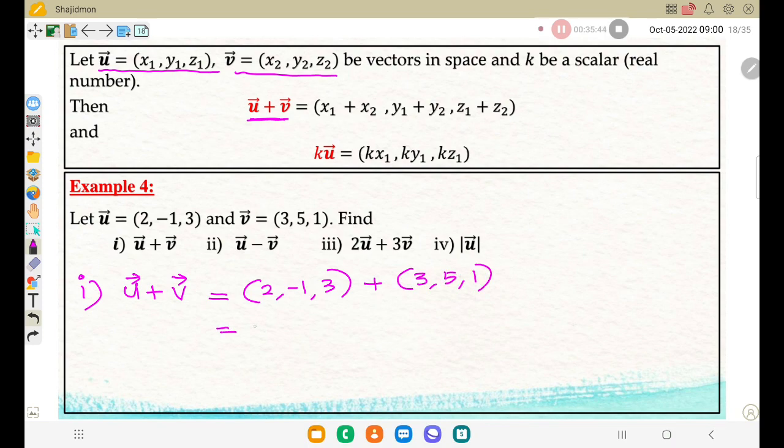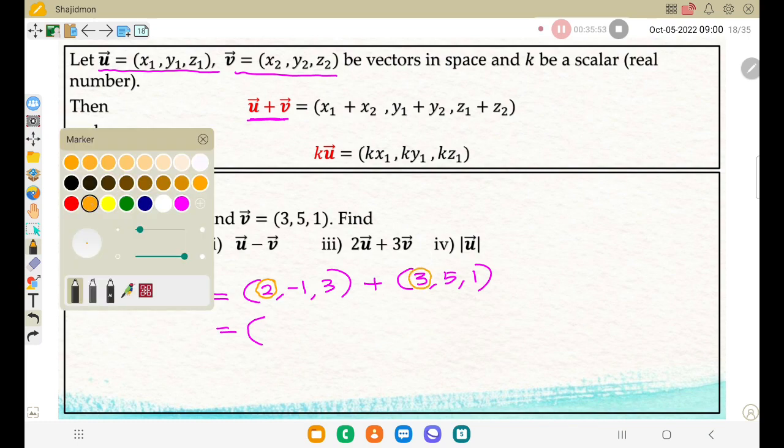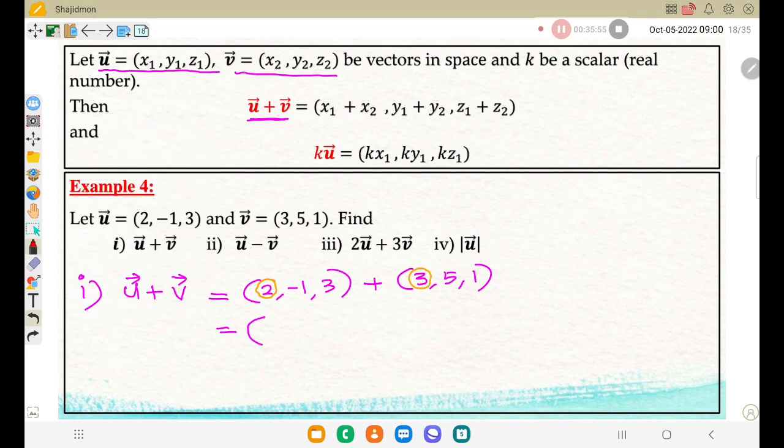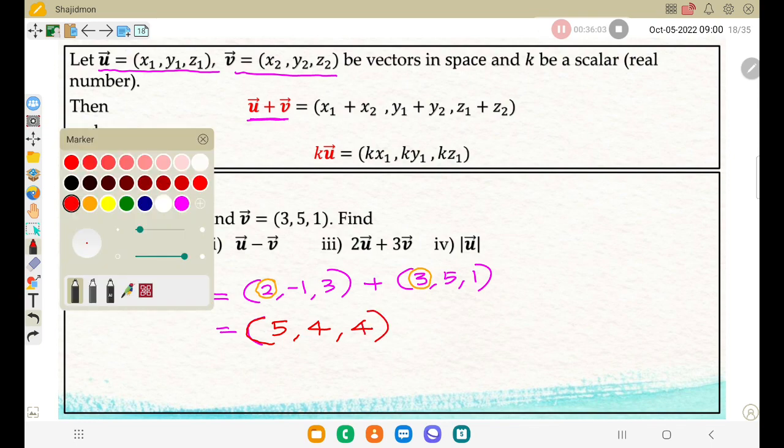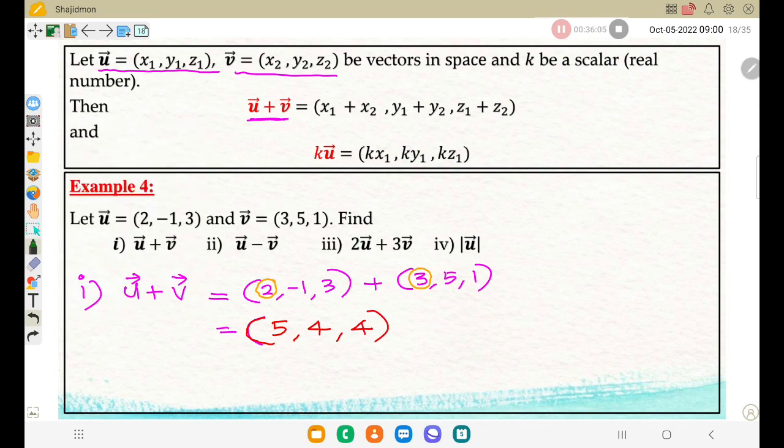Now add the numbers, same as in the plane. First numbers add, 2 plus 3. The x number here and the x number here add. So we get 2 plus 3, that means 5. Minus 1 plus 5 is 4. 3 plus 1 is 4. So 5, 4, 4. That is the u plus v vector.